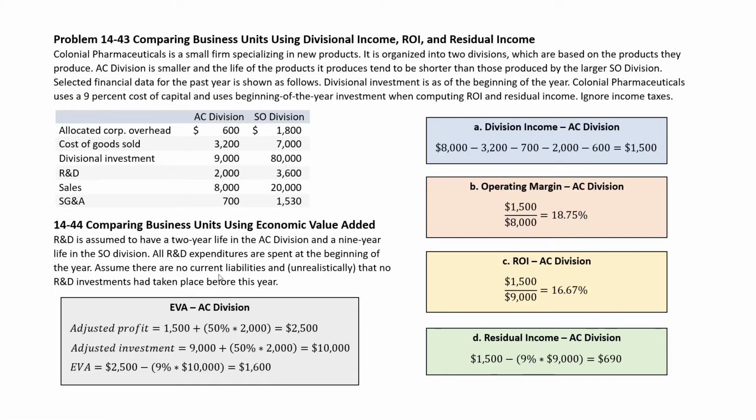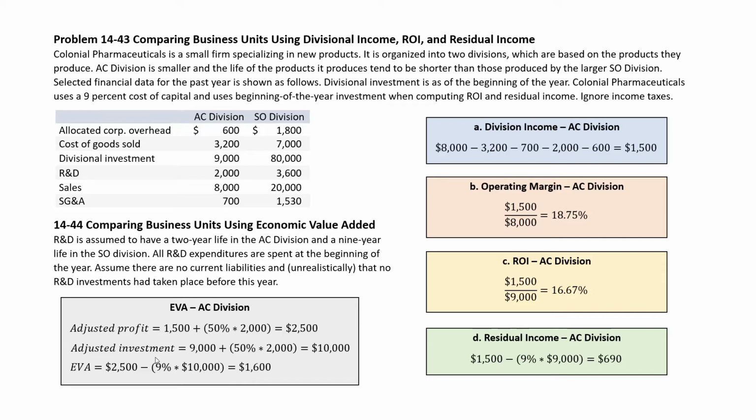One quick thing that I do want to mention, because I tend to find some issues with the SO division calculation for EVA. It's a little bit tougher one. If you recall, it mentions that there's a 9-year R&D life for SO division. So what you want to do is take the initial accounting profit and add back 8/9 of the R&D, which is 8/9 of the $3,600, because you're saying, hey, I only should have expensed 1/9 of that in the first year. 8/9 of it should be saved.